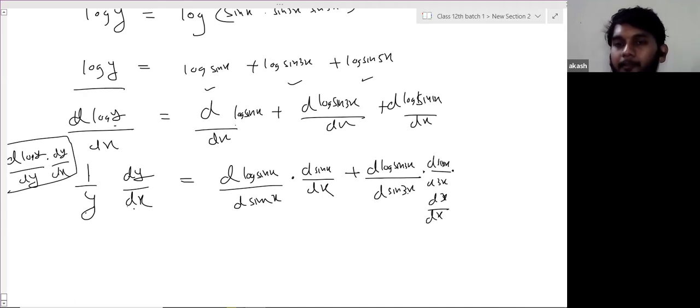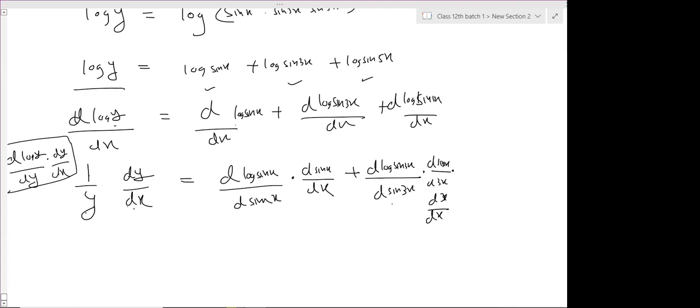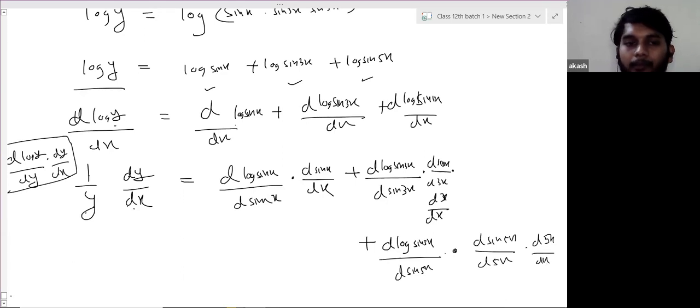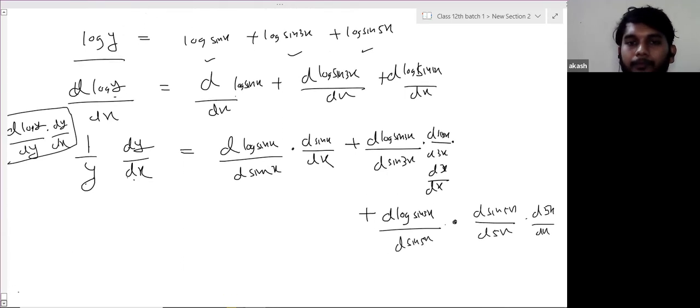Krishna, this is clear? And the last one is differentiation of log of sine 5x, differentiation of sine 5x. I hope you are getting this. Very lengthy question, I know, but what can we do?